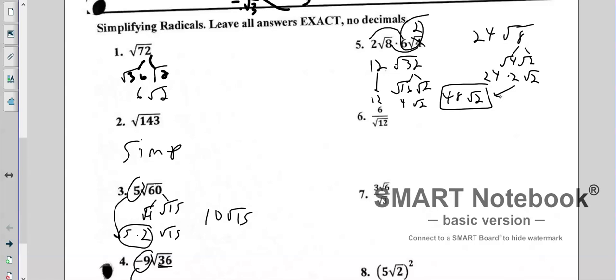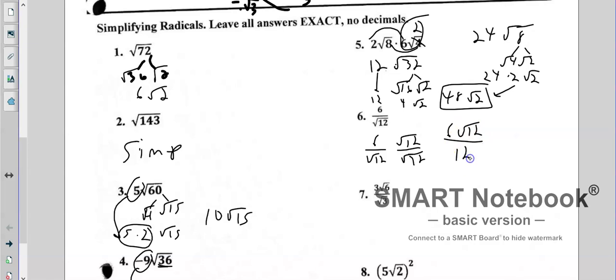Okay? All right, number 6. We have a radical in the bottom. Okay? Now, there's 2 ways to go about this. You can just get rid of the radical by rationalizing. Okay? What that gives you on the top is simply 6 radical 12.